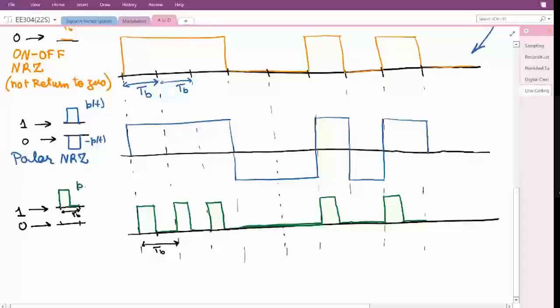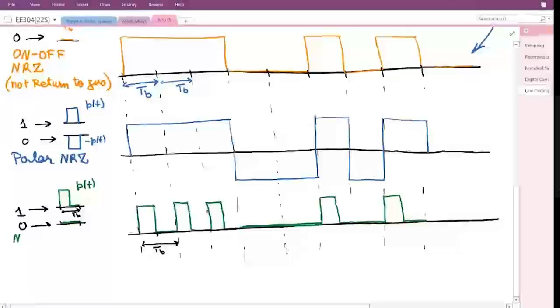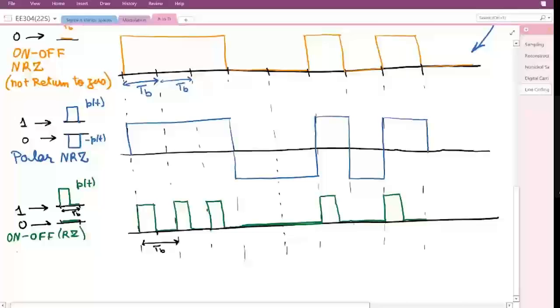So this is now p(t). p(t) is not taking a constant value for the entire duration Tb, whereas for the half duration it takes a non-zero value, and for the remaining half it takes a zero value. And for zero, this is mapped to zero. So this is called on off RZ, where RZ stands for return to zero.